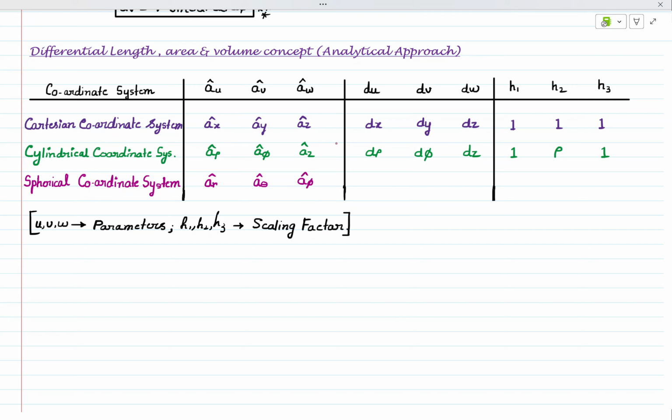See, I have shown the unit vectors in the main diagrams of the spherical, Cartesian and cylindrical coordinate systems. I think you have remembered in which direction they are directed in the diagram. So du, dv, dw for the spherical coordinate system will be what? dr, d theta, and d phi, because it is the r theta phi coordinate system, and the scaling factors will be 1, r, r sin theta.